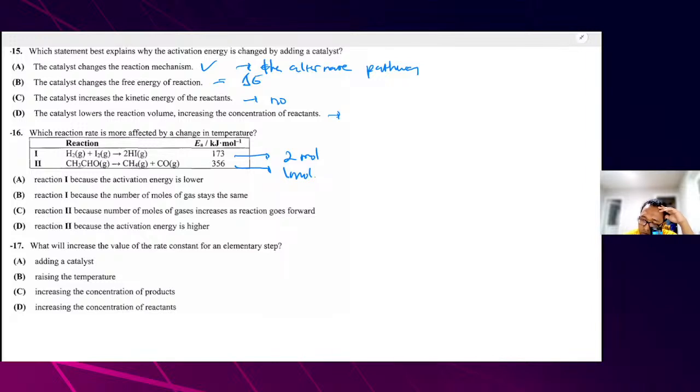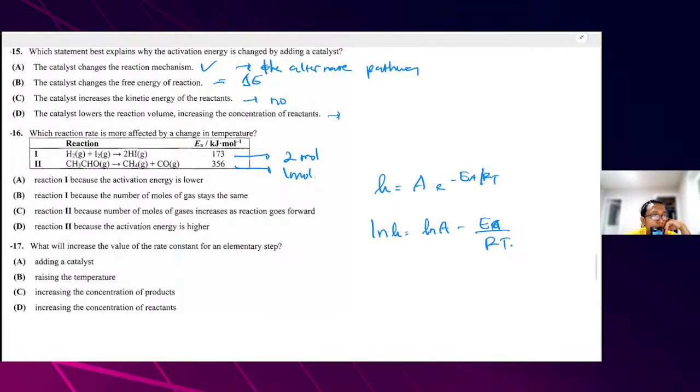So now we need to know that K will be A times exponential of minus EA over RT, or ln K equals ln A minus EA per RT.